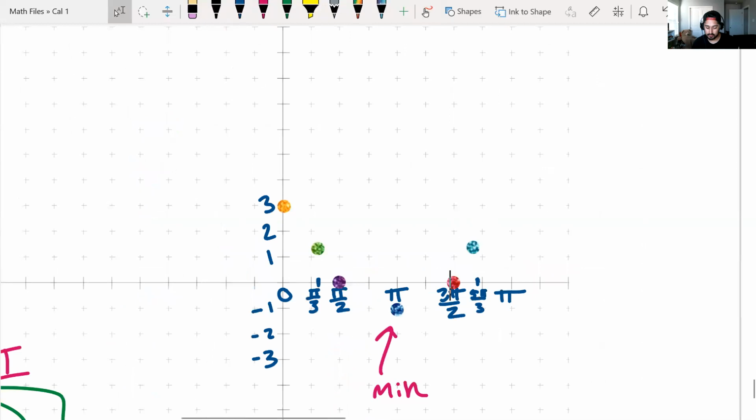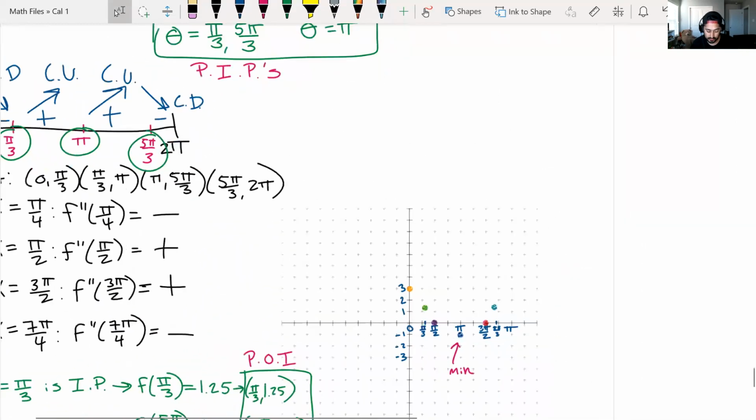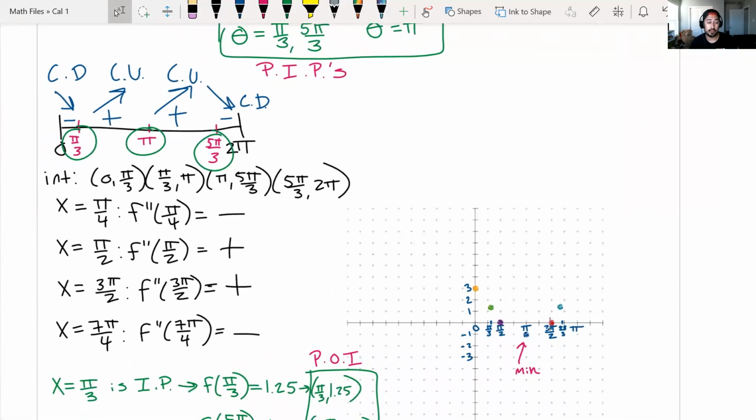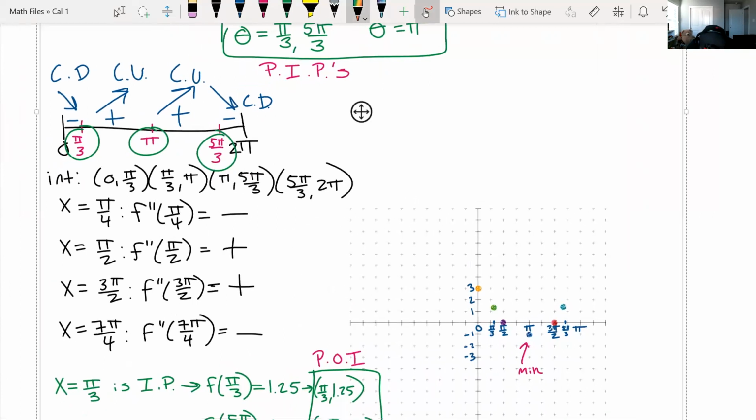Now all we have to do is graph by concavity. So look at our concavity chart. From 0 to pi over 3, we are concave down. So this is concave down. And then from pi over 3 to pi, we go concave up.